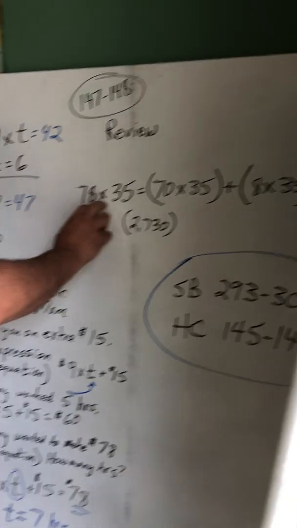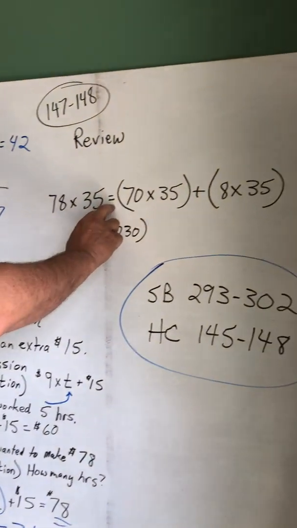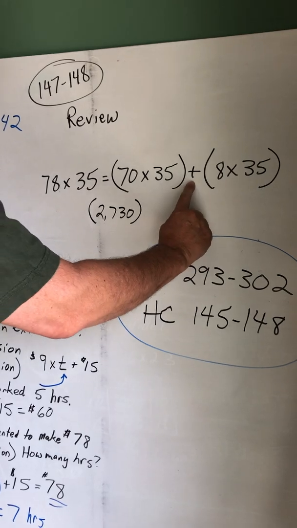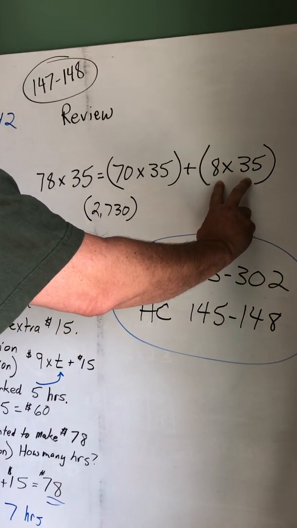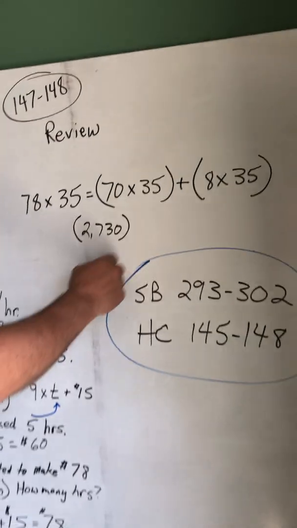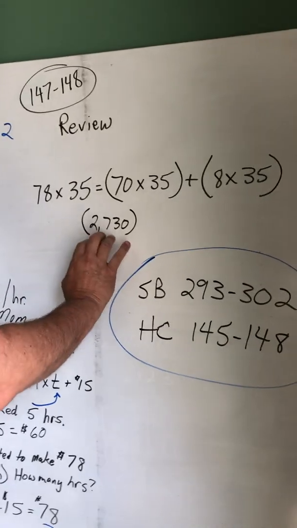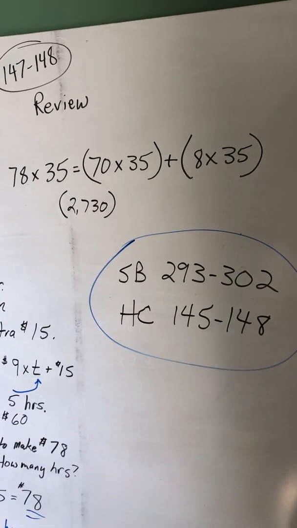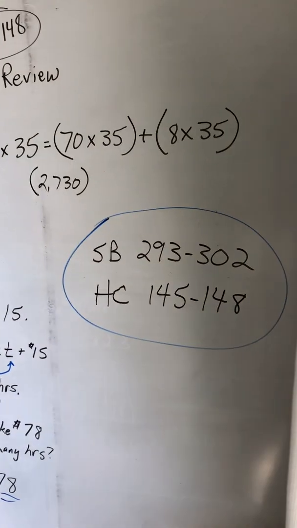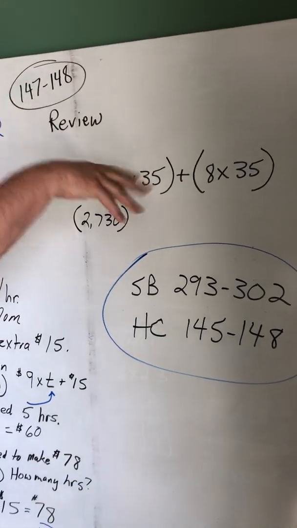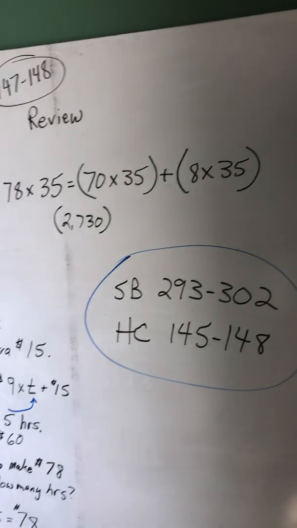So 78 times 35 is the same as 70 times 35 plus 8 times 35. And both sides, remember, left side has to equal the right side. Remember me saying that? Both sides are 2,730. So you will have to know that for, I forget which page, but one of those pages has a few of those on there.